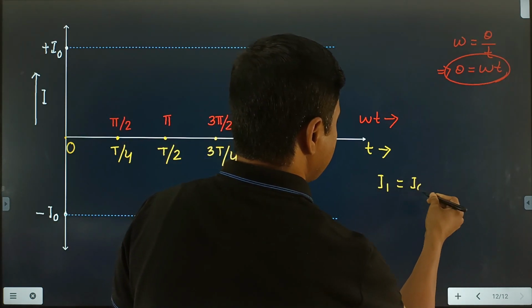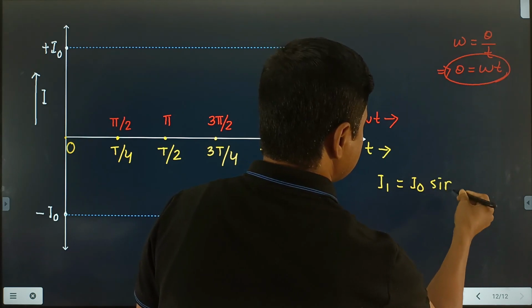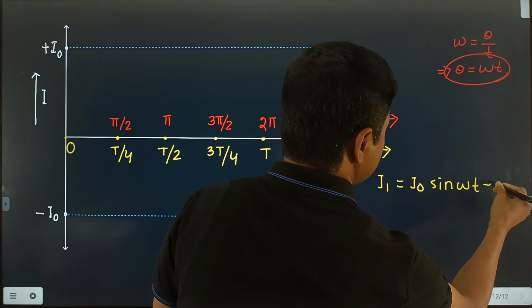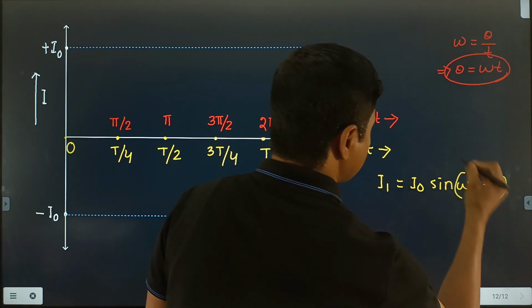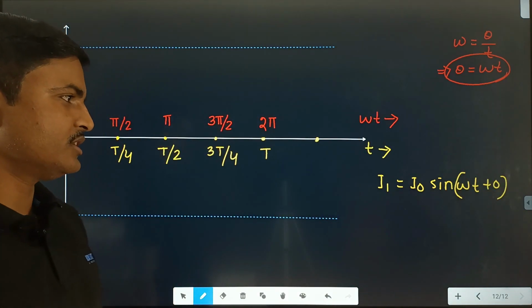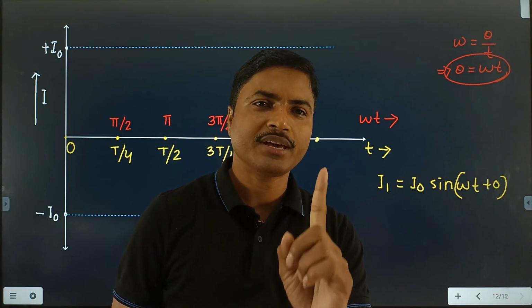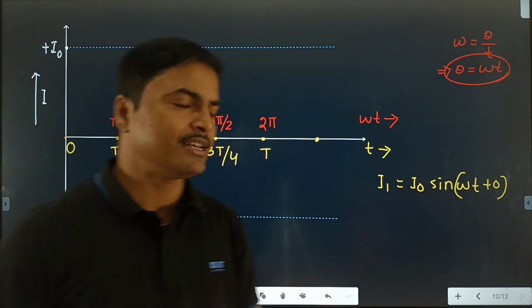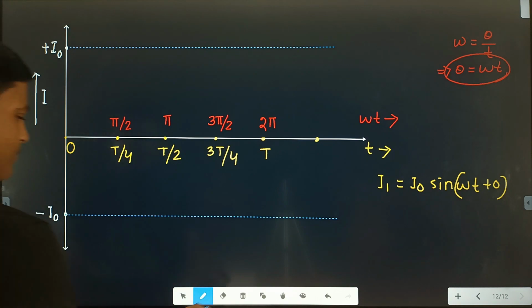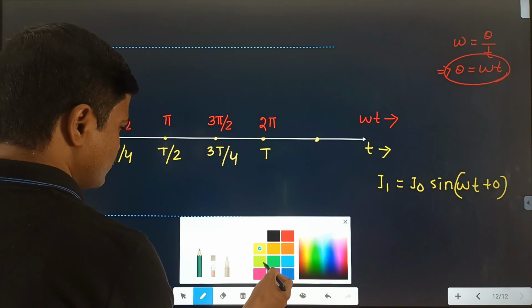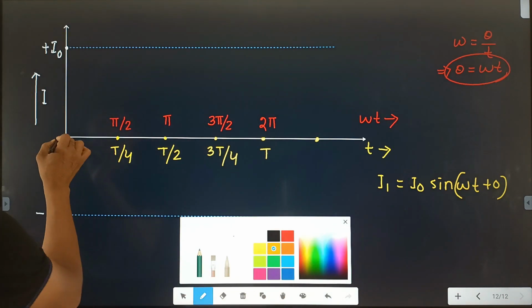And the first equation of current, you know, is I1 is equal to I0 sine omega t plus 0. Sine omega t plus 0, that means initial phase is 0. Initial phase is 0 means the first wave starts from 0.